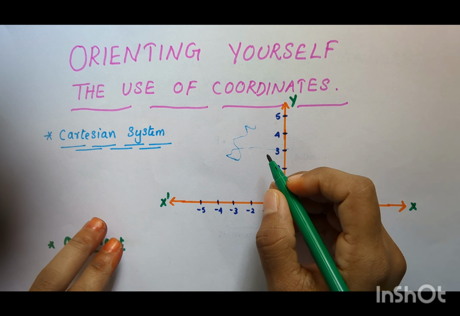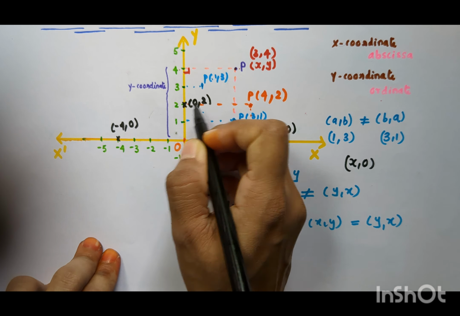So its x coordinate, abscissa, will be 0. How do we write the coordinates of this point? It is on the y-axis, so the x coordinate will be 0 and the y value is 2 here. So 0, 2 represents this point. If someone asked us to write the coordinates of this point, we will write it as 0, 2.